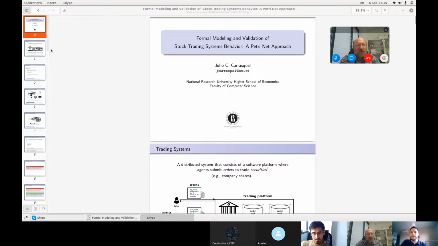My only practical question, I also have a theoretical question, but my only practical question is: it is indeed very nice to draw small Petri nets. A small Petri net is a nice specification tool.